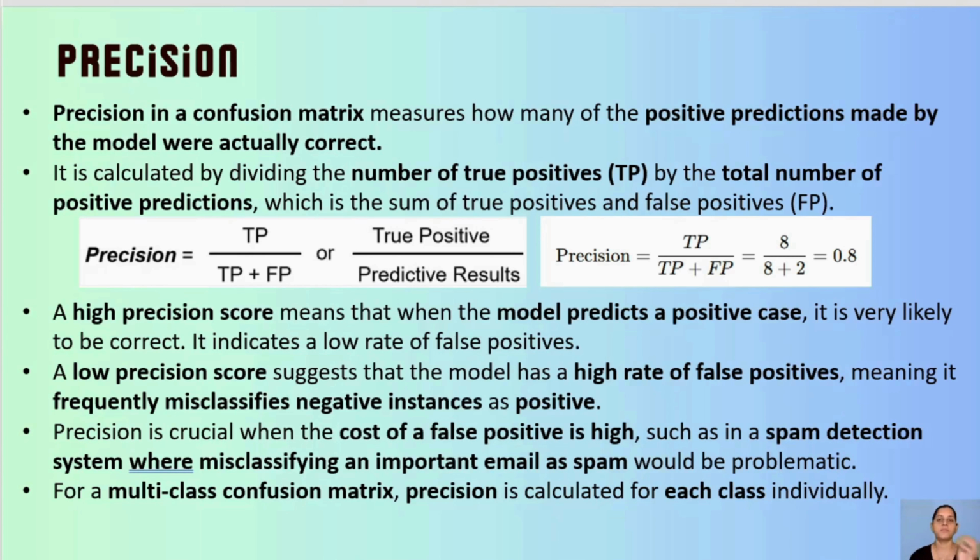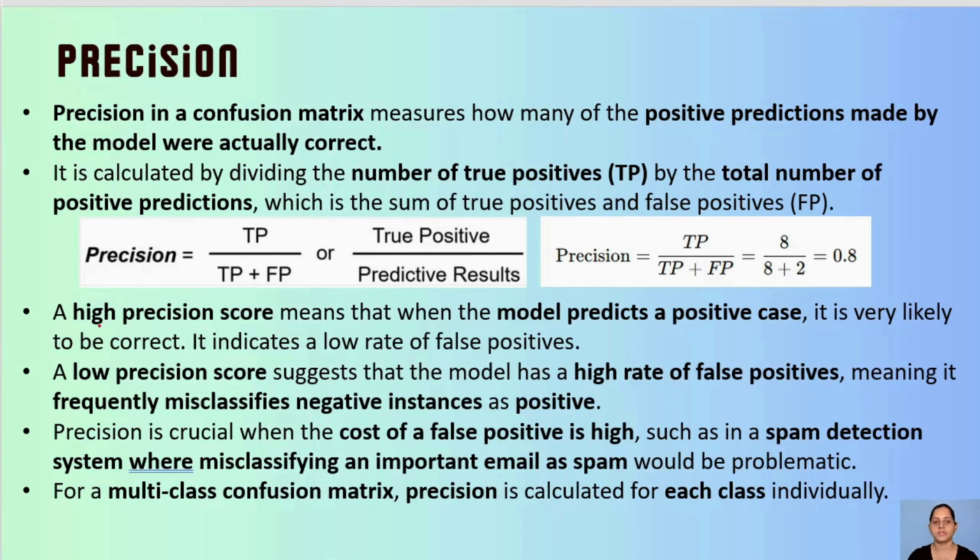So of the total number of positive predictions the model has made, we will see with this precision how many it has correctly predicted. Then how are we calculating this? We are calculating it by true positives, divided by true positive plus false positive, right?